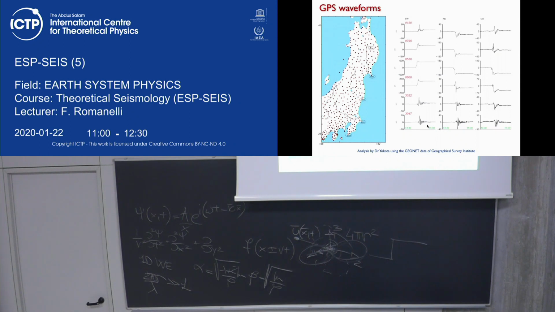Please do remember that if you take the derivative of this, 0, constant, in velocity you cannot see it. But with displacement, so if you have a GPS there, before and after the event, it will not go back to the origin. So it's a permanent static displacement.